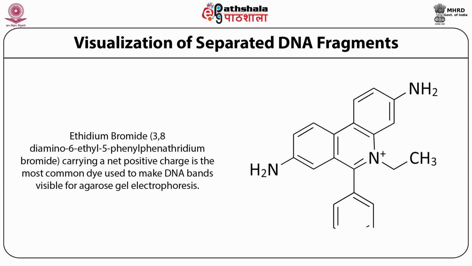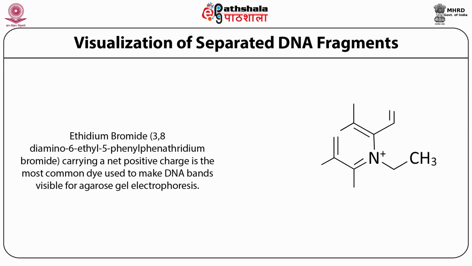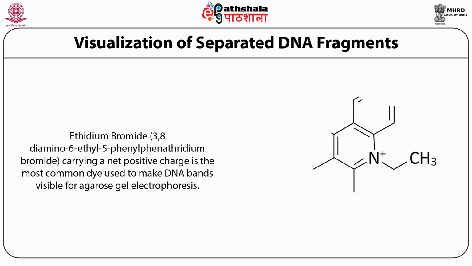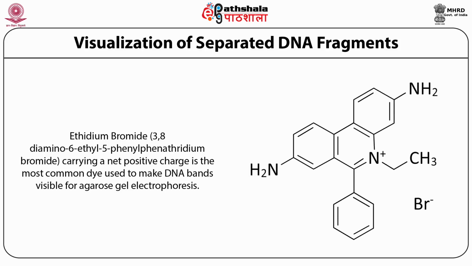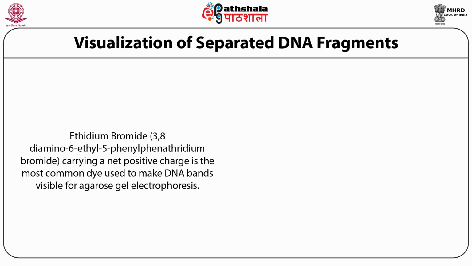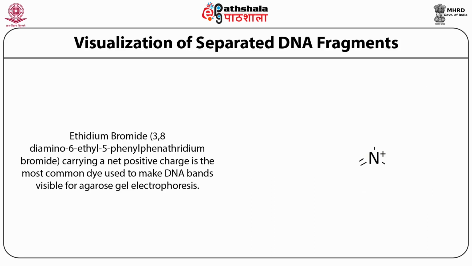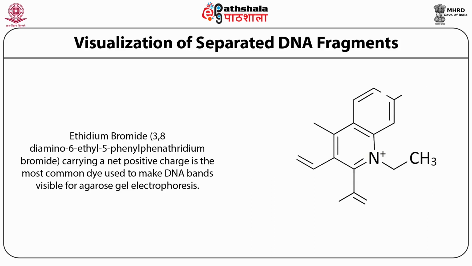Visualization of separated DNA fragments. Ethidium bromide, or chemically known as 3,8-diamino-6-ethyl-5-phenyl-phenanthridium bromide, carries a net positive charge and is the most commonly used dye to make DNA bands visible after agarose gel electrophoresis.